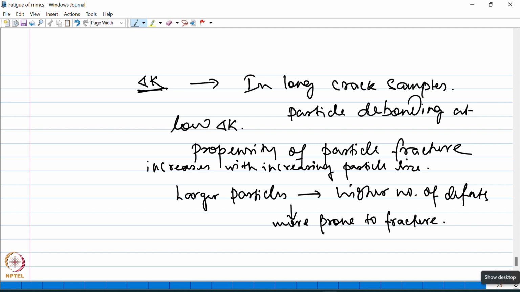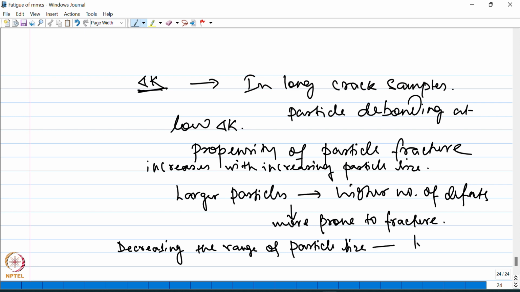So decreasing the range of particle sizes will have a beneficial effect on the fatigue life of the composite by eliminating the fracture prone large particles.